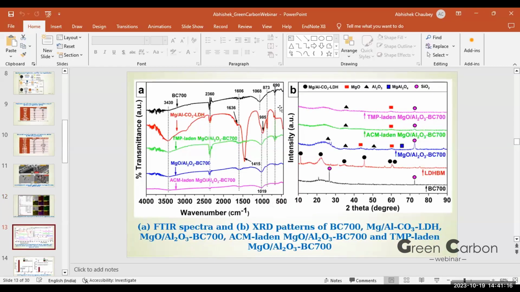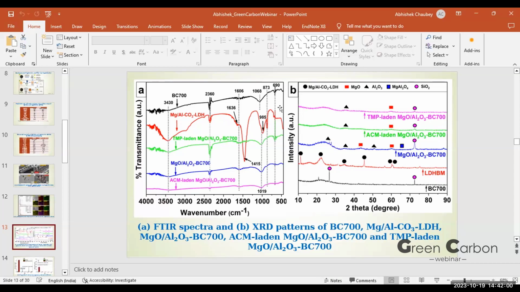Now to further confirm this, we also went for FTIR and XRD spectroscopic analysis, and we performed this analysis for plain biochar, its modified version, and the ACM and TMP laden versions. In the case of the unpyrolyzed engineered biochar, you can see peaks of the hydroxide at 3450 cm⁻¹, and at 1415 cm⁻¹ you get the carbonate stretching band.